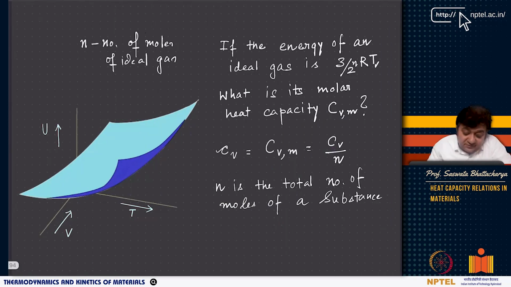Then you have this surface where U is plotted. U is going up, temperature is increasing, as you can see here, and V is decreasing. Now look at the slope. If it is U versus V, the slope increases as V decreases, so as V is decreasing, the internal energy is increasing.